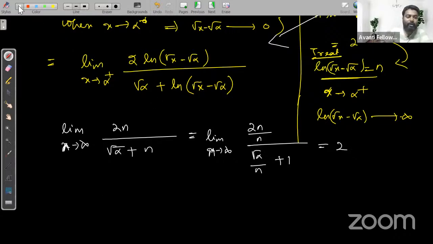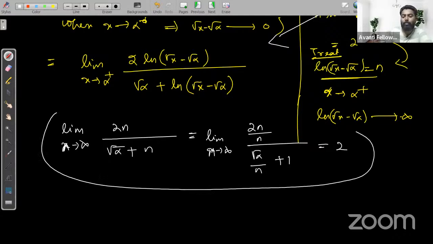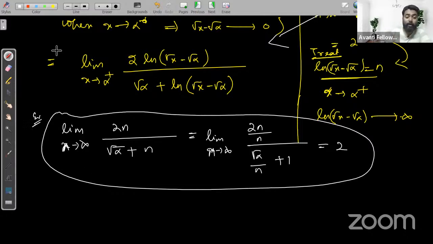But in the question, this is the example for your understanding I have used here. In our actual question, in place of n, what do we use?